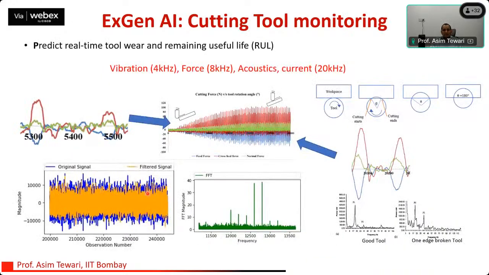Similarly, this is an application where we are looking at the cutting tool and the wearing of the cutting tool in a CNC machine. And here the data is coming from vibration, force, and acoustic emissions. And based on all of that, you train your AI model to be able to understand when the tool wear has become very big and you have a problem with the tool.